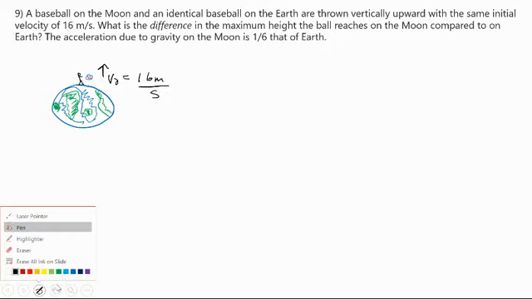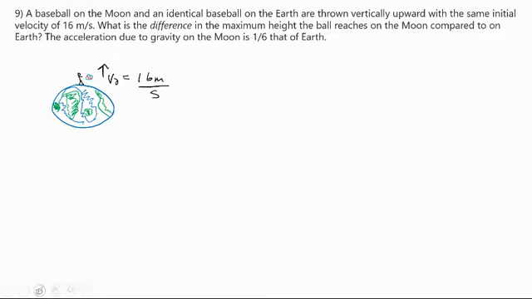And we have a very similar situation on the moon.